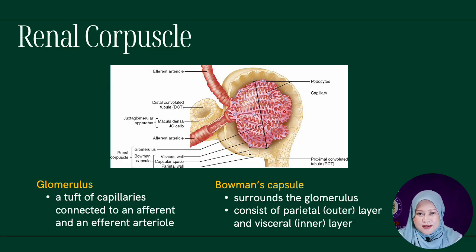The portion of blood that is not filtered continues out of the glomerulus through the efferent arteriole. So in summary, the renal corpuscle is the starting point of urine formation. Blood enters, plasma is filtered, filtrate enters the tubule, and the remaining blood exits to continue to the systemic circulation.